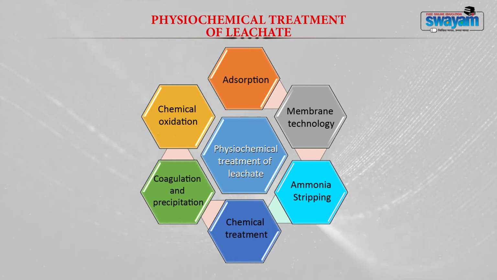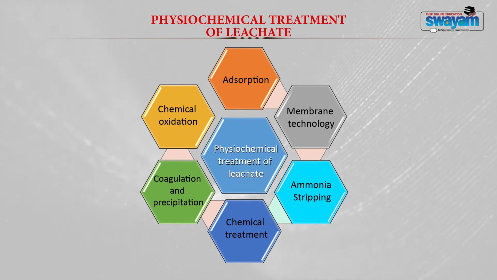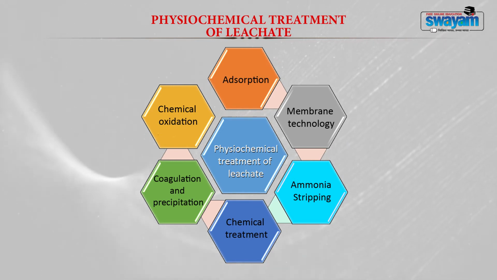Now, chemical oxidation is another chemical treatment method where the waste undergoes oxidative degradation and gets further transformed. A variety of chemical oxidants are used, like hydrogen peroxide, ozone and chlorine.